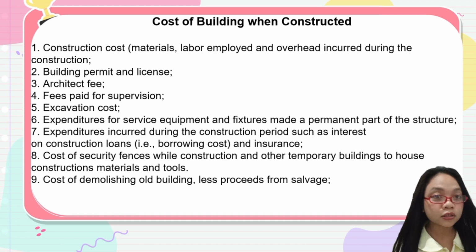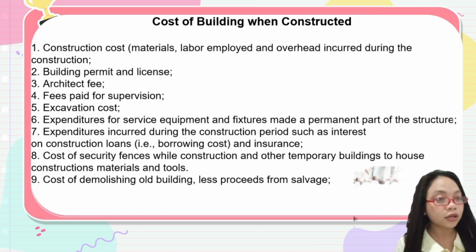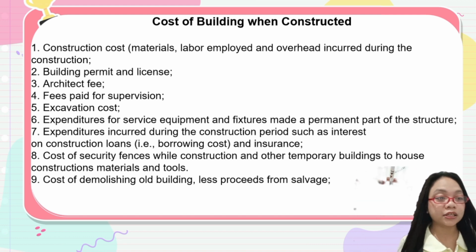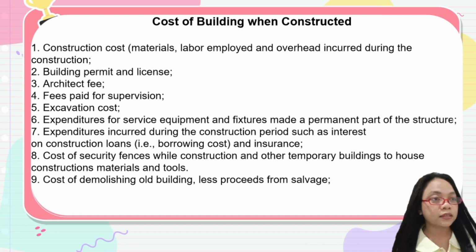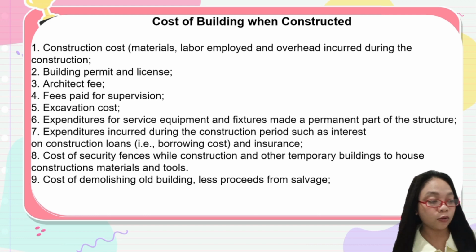First, we have construction costs that will include materials, labor employed, and overhead incurred during the construction, building permit and license, architect fee, fees paid for supervision, excavation costs, expenditures for service equipment and fixtures made a permanent part of the structure, expenditures incurred during the construction period such as interest of construction loans and insurance, then cost of security fences while construction and other temporary buildings to house construction materials and tools, and cost of demolishing old building less proceeds from salvage. So we need to familiarize these chargeable costs of building when constructed.